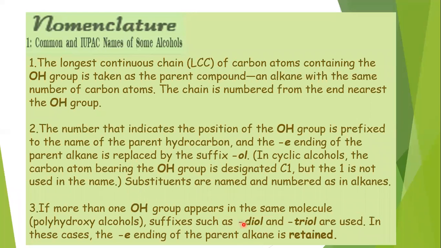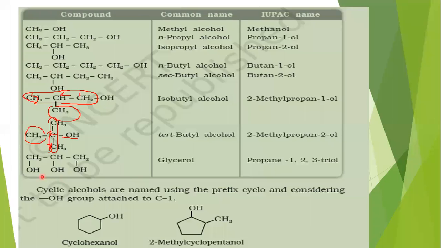If 2 hydroxyl groups are present, we say diol. If 3 hydroxyl groups, then triol is used. In these cases, the E ending of the parent alkane is retained. So this E should be kept as it is. Now let us see this example.